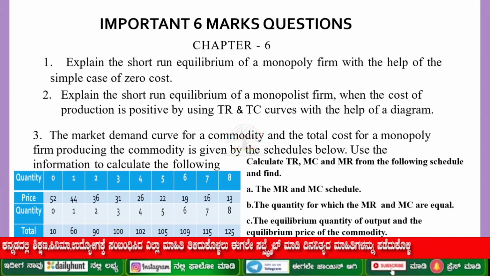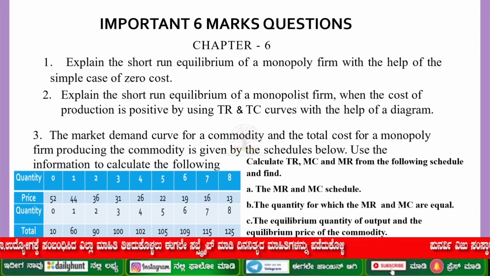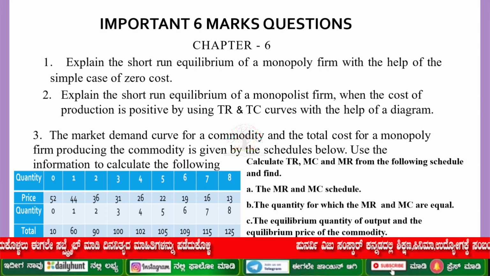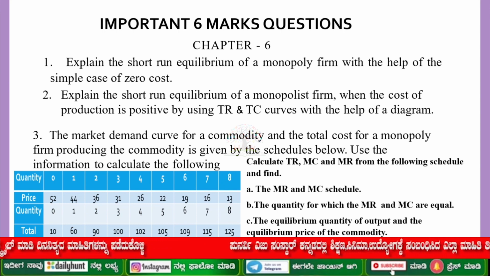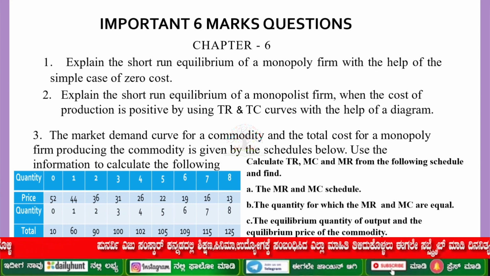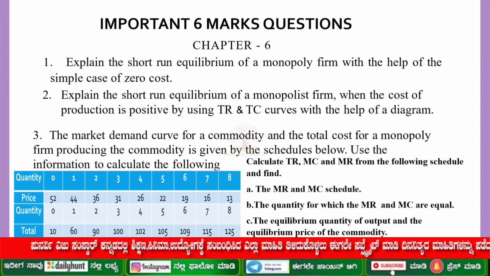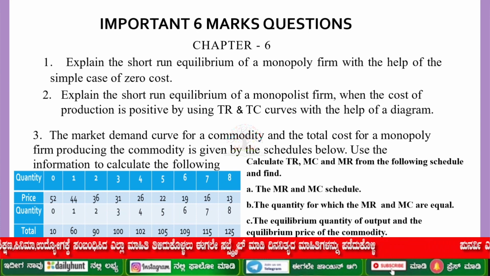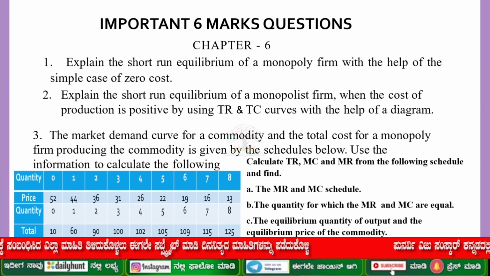And the next one is a problem-oriented question, that is calculation of marginal revenue and marginal cost. You need to calculate marginal revenue and marginal cost, and answer the following questions. So this is one more important question.